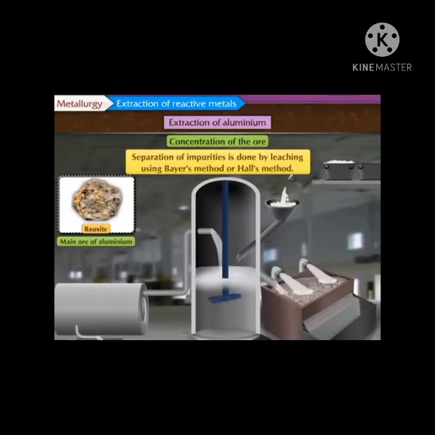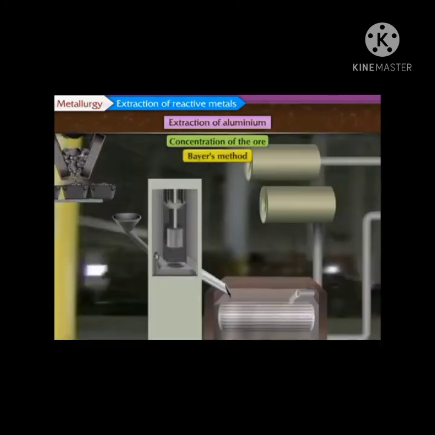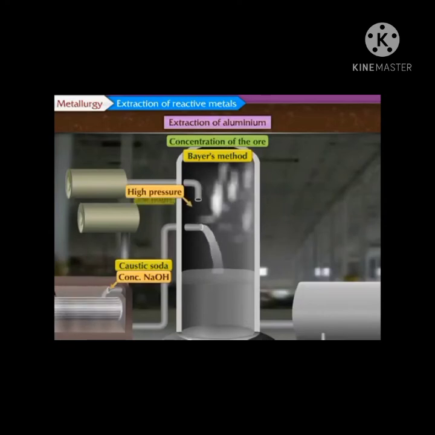In Bayer's method, the bauxite ore is first crushed in ball mills and is leached by treating with concentrated sodium hydroxide or caustic soda under pressure for about 2 to 8 hours at a temperature of about 140 to 150 degrees Celsius. This process is carried out in a tank called a digester.